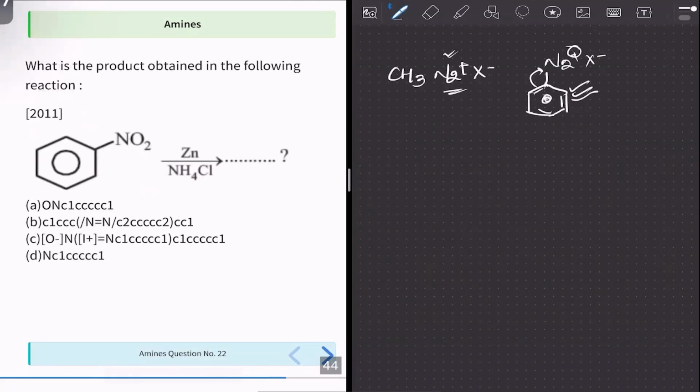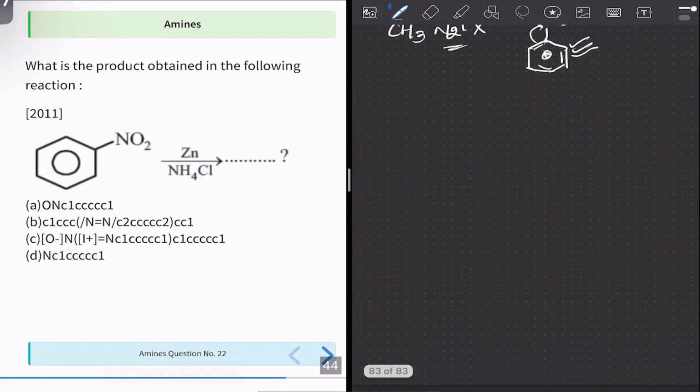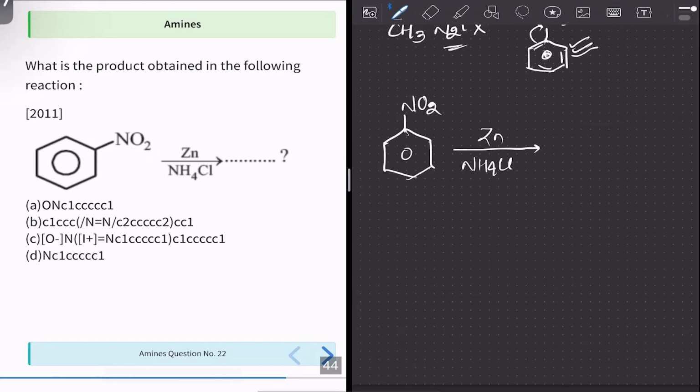What is the product obtained in the following reaction? What will be the product if nitrobenzene reacts with zinc and NH4Cl? By this reagent, there will be hydroxylamine production.